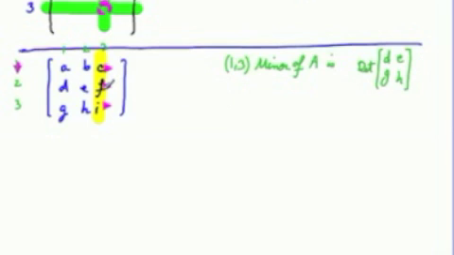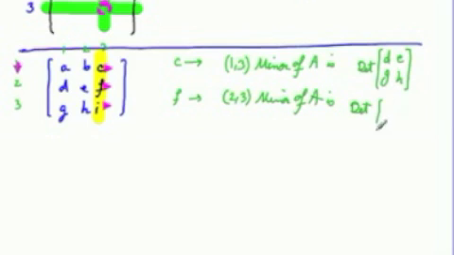Okay, what if I focus on F? Here I picked C. The 1, 3 minor of that is that determinant. The way this idea gets used, each element of a certain row or column is going to be picked up, and we are going to do the same thing to them. The 2, 3 minor of A is the determinant of whatever is left if you kick out this row and that column.